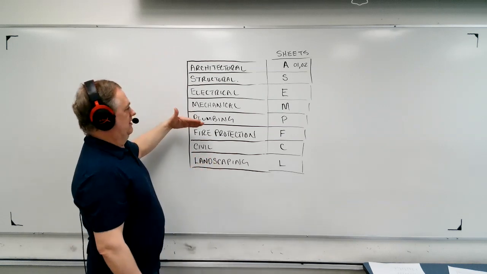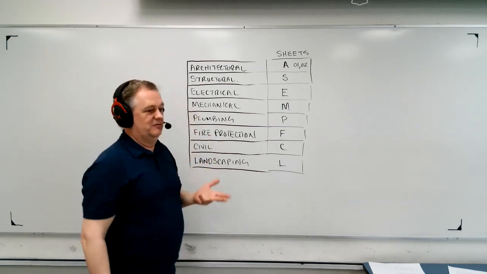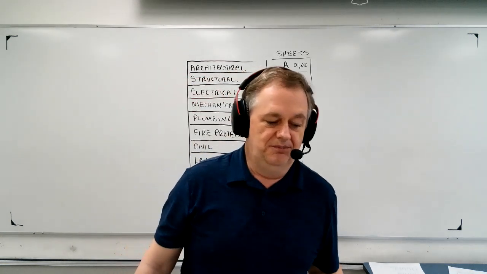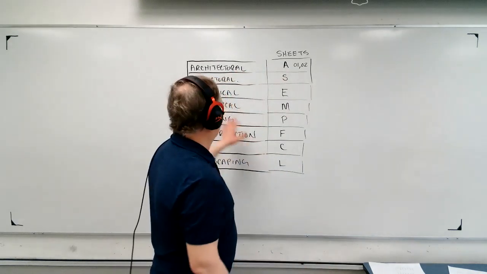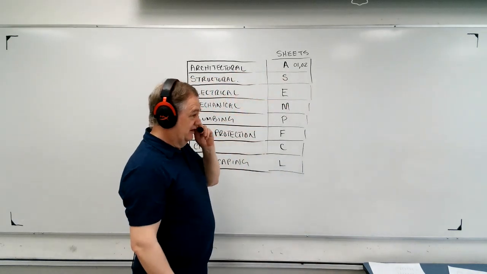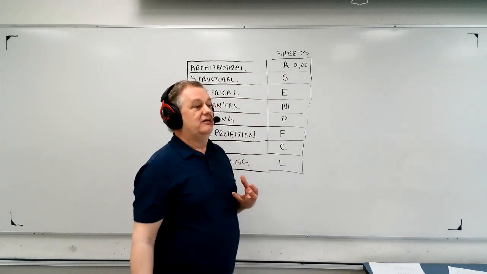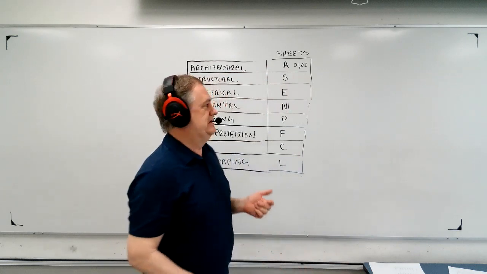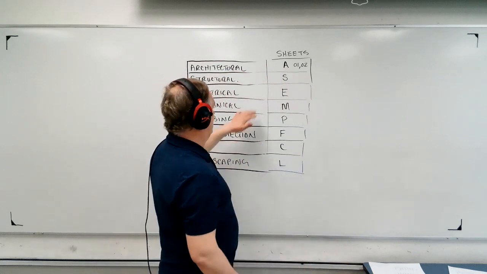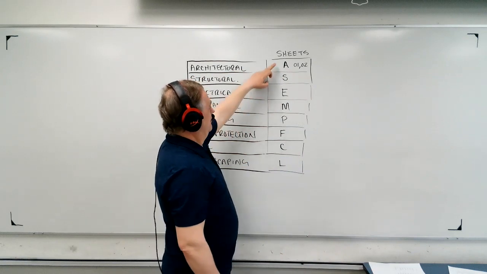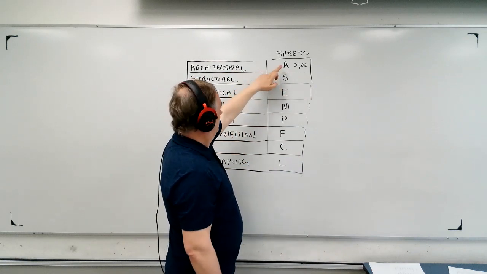Now, one of the things that comes up is, do we only really work in our own trade? Primarily, of course, we're going to wind up looking at the electrical drawings, but because of the work that we do, which is providing power for many different systems, we usually wind up being pretty heavily interested in almost all of them.